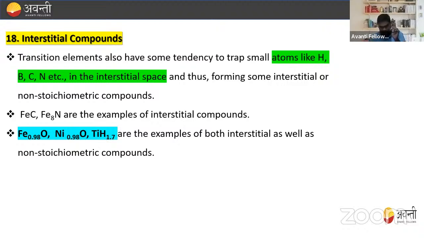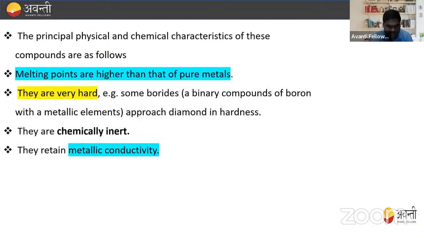FeC and Fe10 are examples of interstitial compounds. Fe0.98O, Ni0.98O, and TiH1.7 are examples of both interstitial as well as non-stoichiometric compounds that we know.